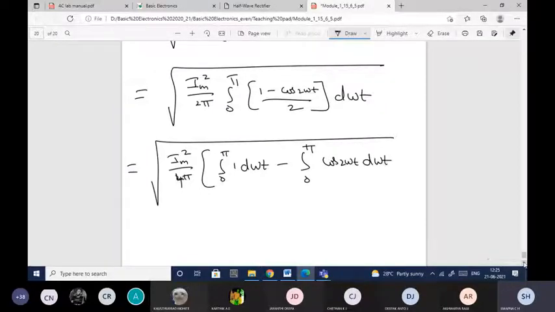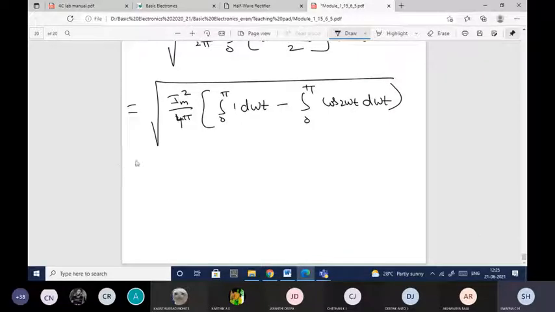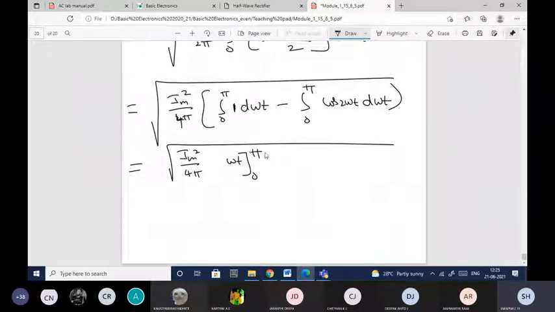Okay, so again you just write it under root of Im square by 4 pi. So the integral of 1 will be omega t, and you need to substitute the upper limit and the lower limit, minus cos 2 omega t.